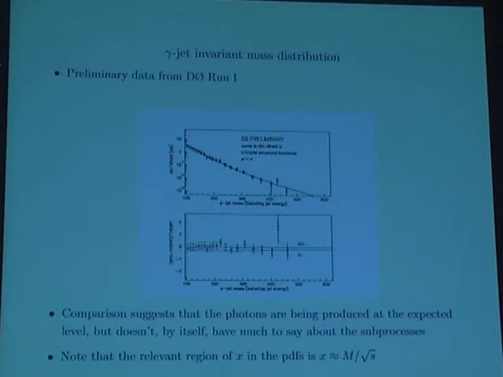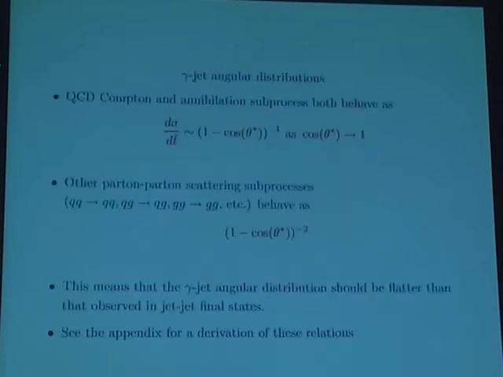It's really a test of two things. It's a test of the PDFs involved, the parton distribution functions, and it's also a test of the overall magnitude of the partonic level cross sections. And it seems like, at least at this level, that test is passed successfully.